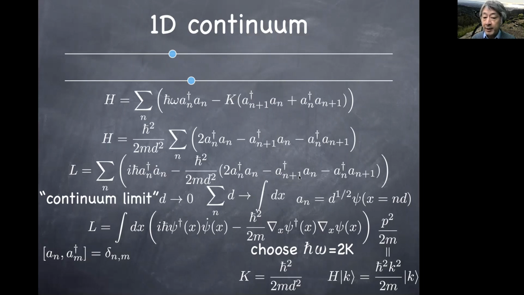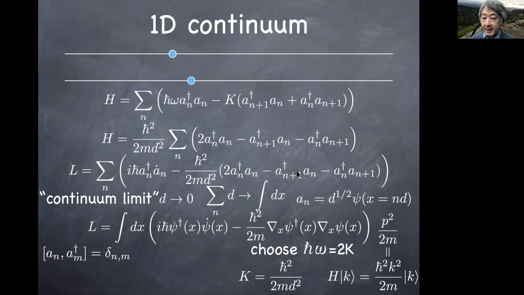So n plus 1 refers to the site x plus d, the next site separated by distance d. And the difference between them at first order in d is given by this derivative with respect to the position. So what you do is write this a_(n+1) dagger as psi dagger at x plus d.